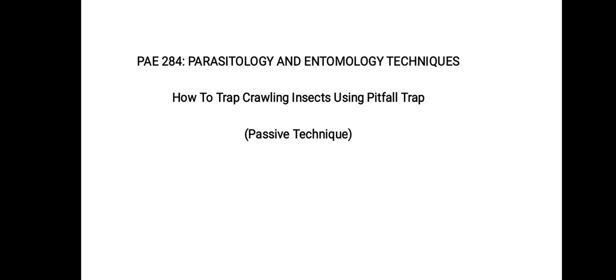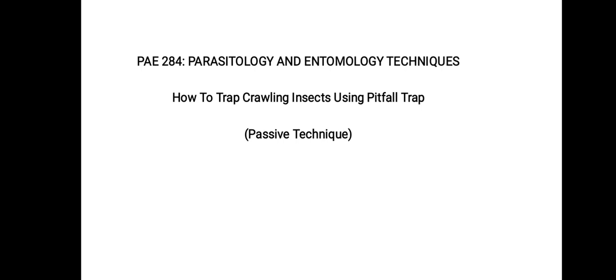In active collection, you talk about using sweep nets, even hand-picking collection, and beating collection. They are all active collections, whereby the insects are collected immediately in the field by the entomologists, and the insects collected are taken to the laboratory immediately.